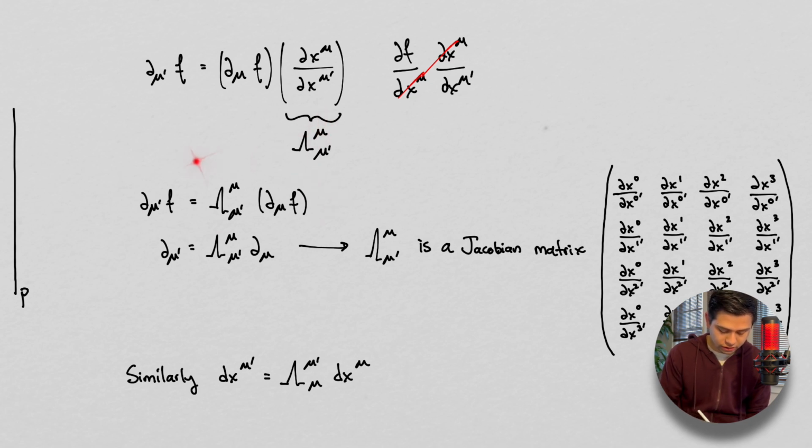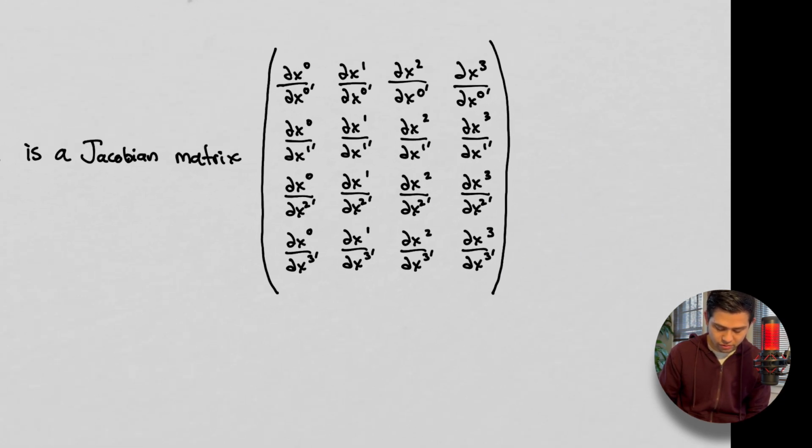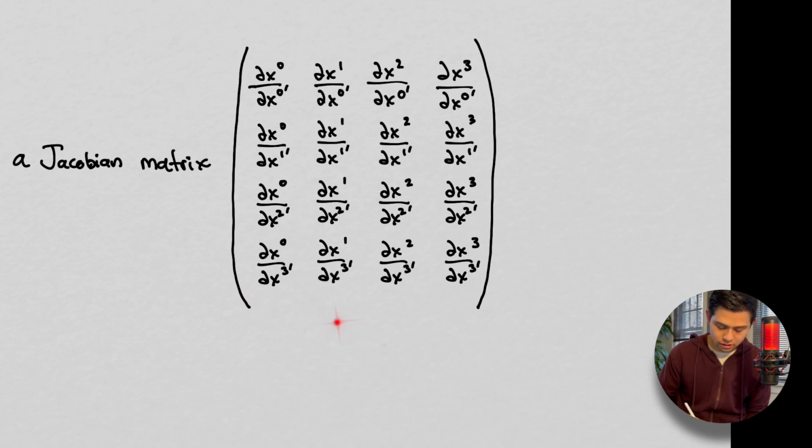So our expression now looks like this, and we can now take out the function on both sides, because the operators are really what we're looking at. And when we do that, we see that this is the expression. These matrices are Jacobian matrices. If you haven't seen a Jacobian matrix before, this is what it looks like.